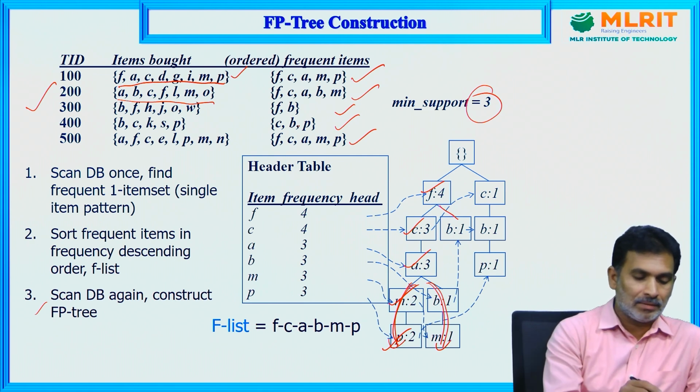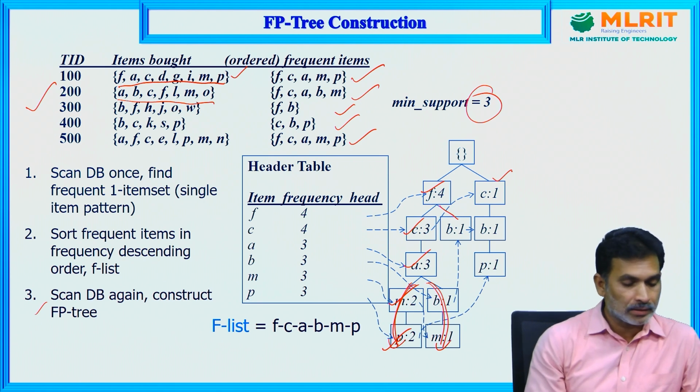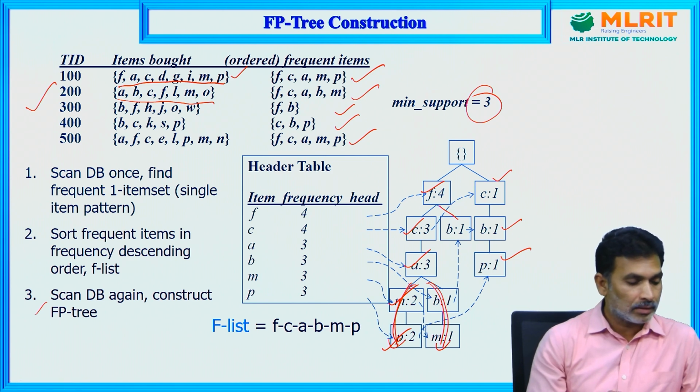Then C, B, P, that is the fourth transaction. Because there is no node from the root to reach C, we have to create C with frequency 1, then B, and then P. This is the path we construct as the result of the fourth transaction.